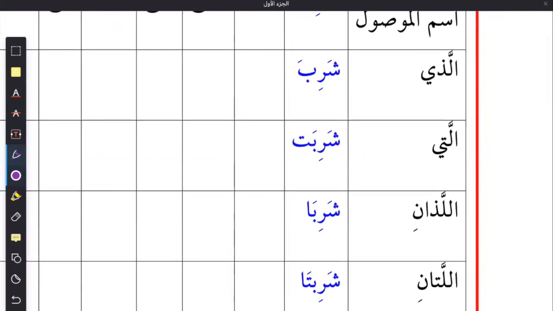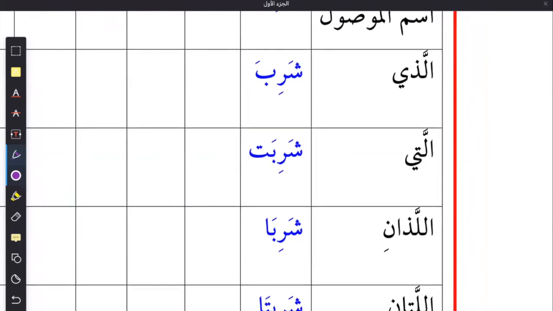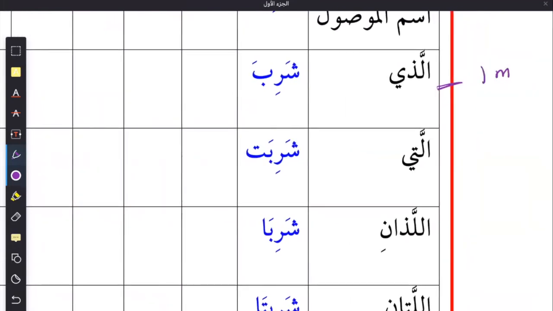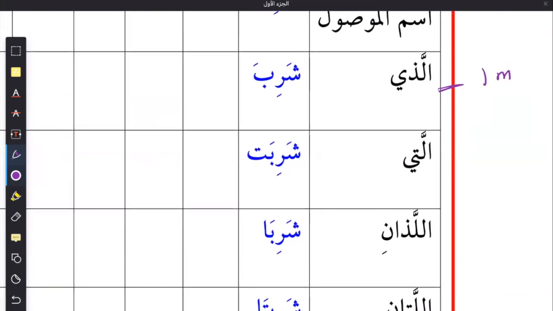So alladhi, what do we use it for? Singular masculine, right? Allati we use for singular feminine.